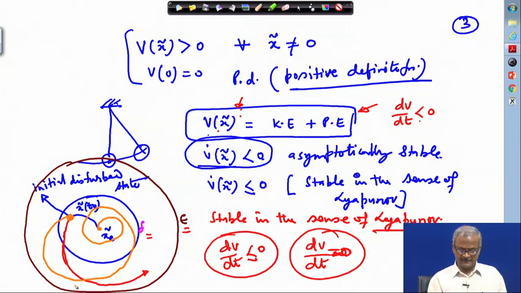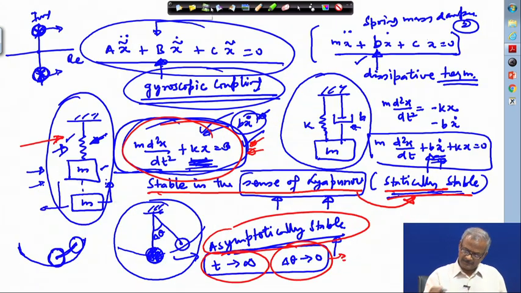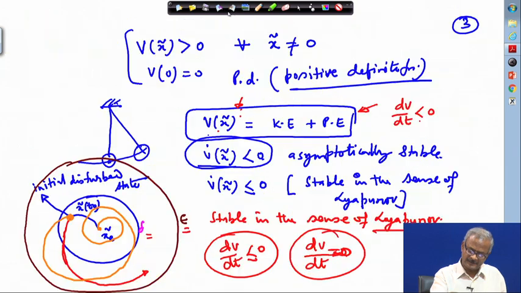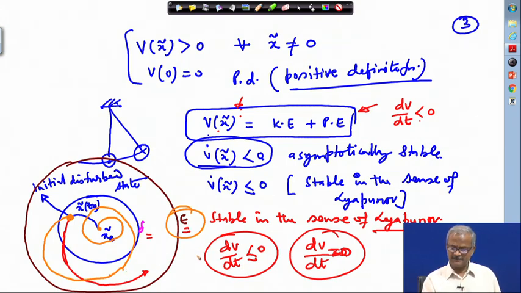This is the difference. Only convergence of delta theta to 0 does not say that the system is asymptotically stable. The trajectory must remain bounded in the epsilon neighborhood. If it is not bounded, it cannot be asymptotically stable.